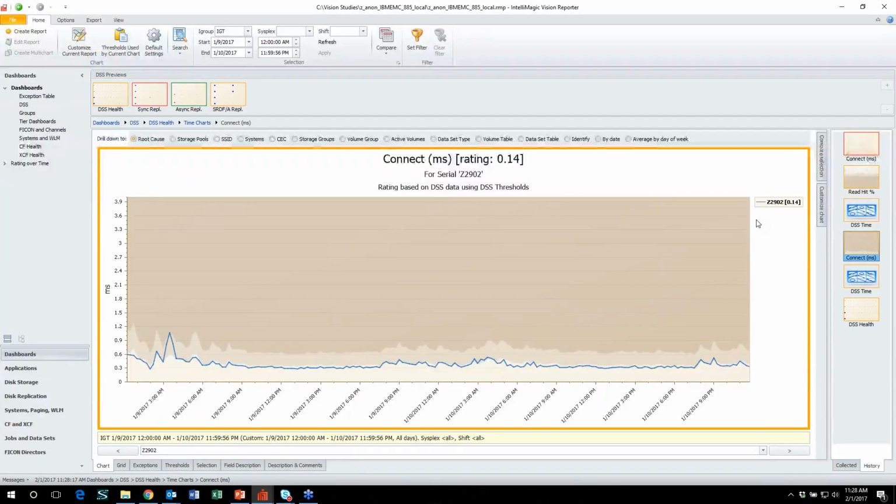The dynamic thresholds are really based not just on the hardware capabilities, but also on the variabilities of the workload over time. For example, the connect time is not just based on what the hardware can deliver or the speed of the channels. It's also based on the workload attributes such as the size of the IOs or the protocols in use for those IOs.